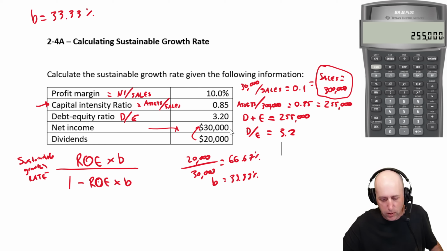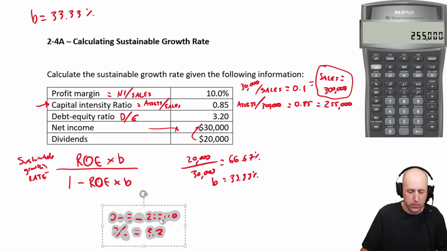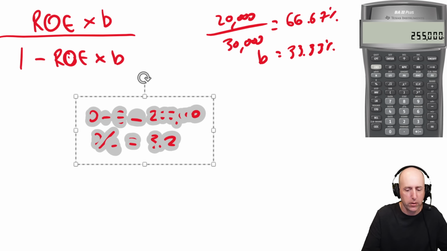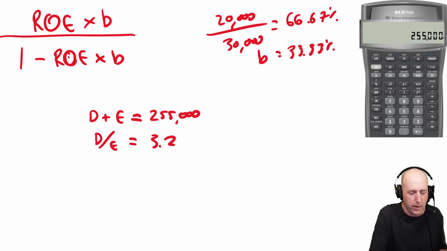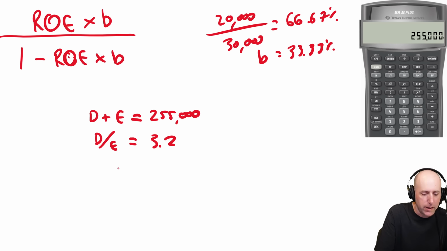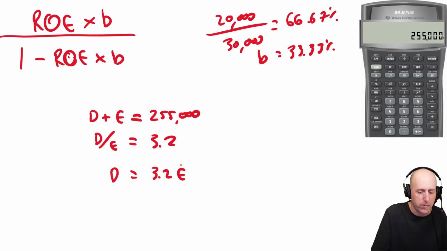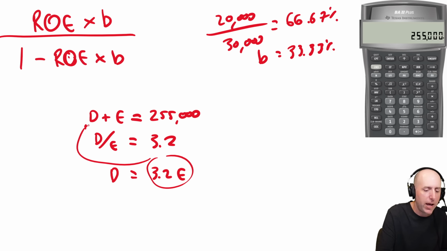I'm going to move this out a little bit just to sort of focus in on this part of the puzzle. And so we just got a little algebra puzzle to be solved here. Debt plus equity equals 255,000. Debt divided by equity equals 3.2. I'm going to isolate debt as a variable. Debt equals 3.2 times equity, right? I just moved the equity up. I'm going to plug this in and replace debt up there.